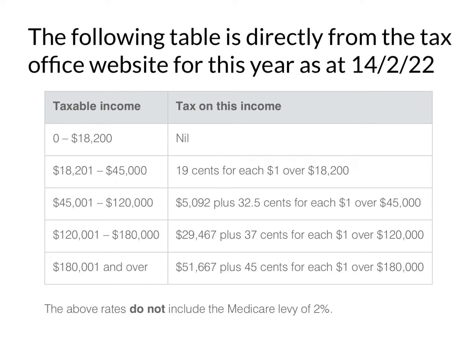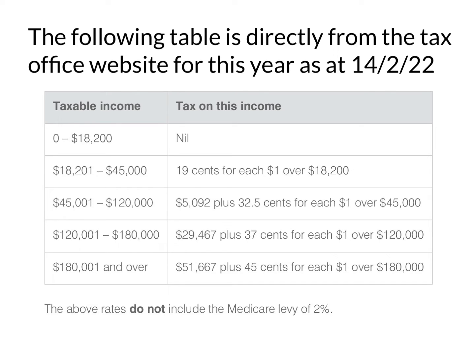The next bracket is that over the $18,200, you start to pay 19 cents for every dollar that you're over that $18,200. So at $18,201, you pay 19 cents. At $18,202, you pay 2 lots of 19 cents, which is 38 cents, etc., up to $45,000. And then each bracket increments from the first one.